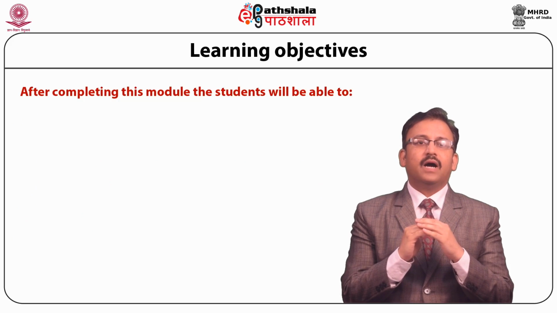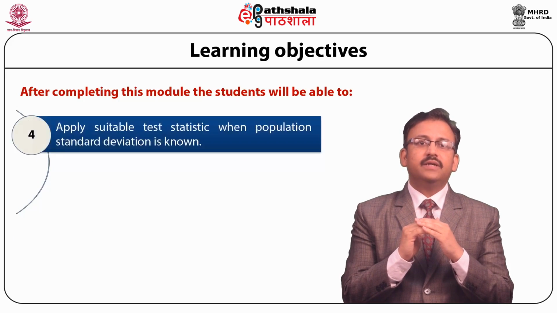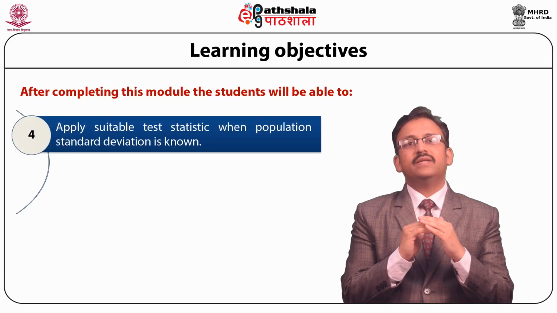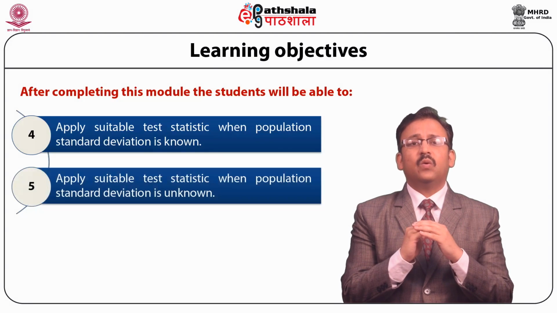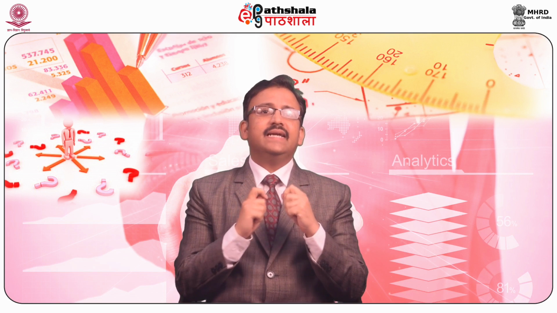You should know about the suitability of the test statistics when sigma is known and when sigma is not known, and apply a suitable test statistics when the data is qualitative in nature. Now, once the data is cleaned and ready for analysis, hypothesis testing is undertaken.